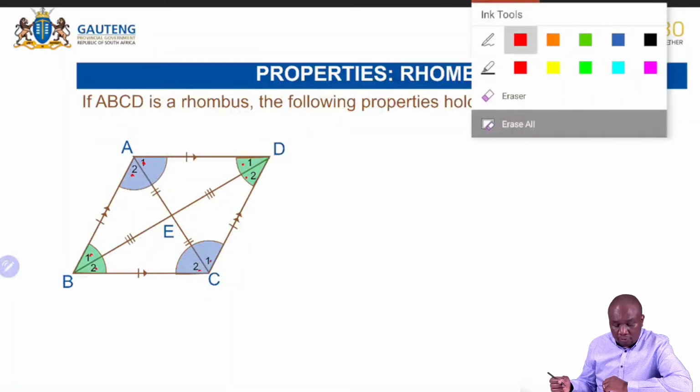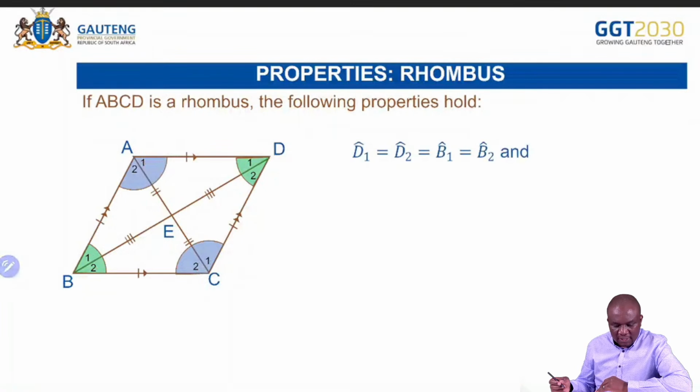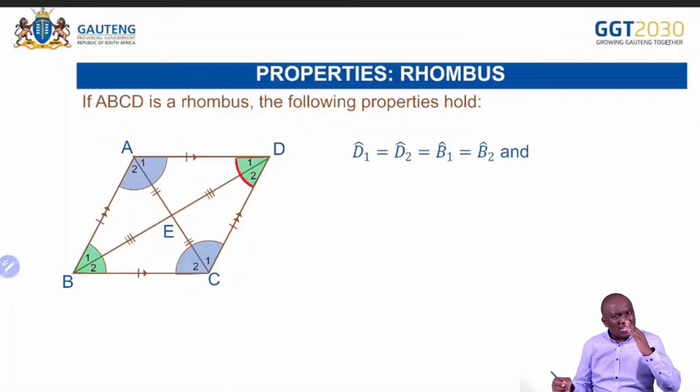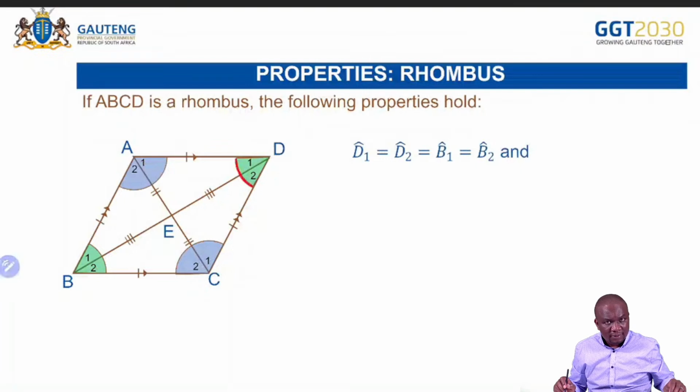Right. And then what can you say about these angles? D1 is equal to D2, and B1 is equal to B2. Let me show you. This is D1, it is equal to D2. So those two angles are equal. So what does the diagonal do to the whole angle D? It cuts it into two equal parts.